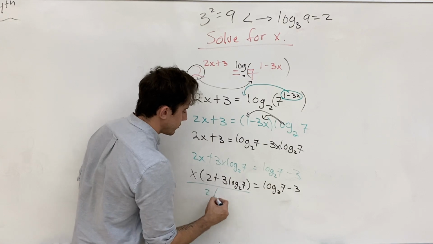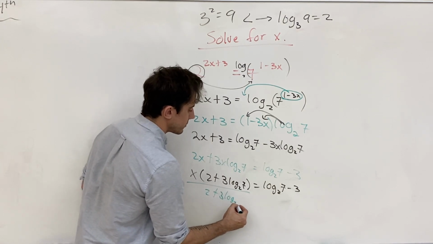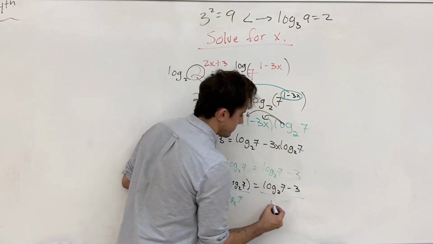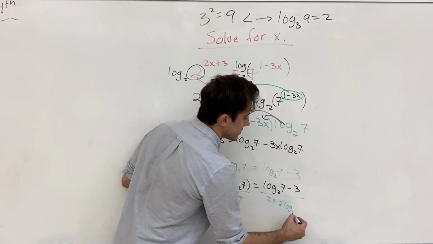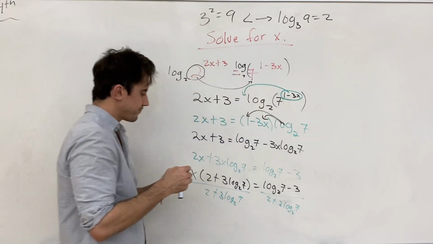So let's do that. Divide by 2 plus 3 log base 2 of 7.